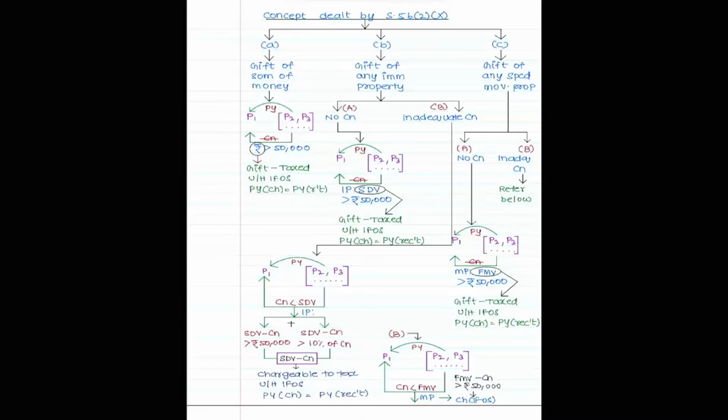Completed. Enough time I have given, around 8 to 10 minutes, for you to fully revise the concept, but listen carefully. Here in the Act, let me show you directly.